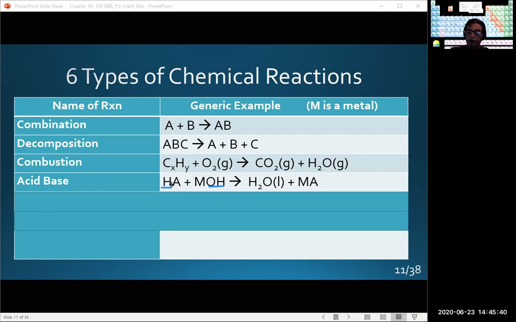And when the proton and the hydroxide combine, guess what they make? They make water, H2O. You are neutralizing the acid and the base. And then the corresponding metals combine to form, in this case, MA, whatever metal it may be, with whatever anion. So normally the cation of the hydroxide, the base, and the anion of the acid combine to form MA. Okay.